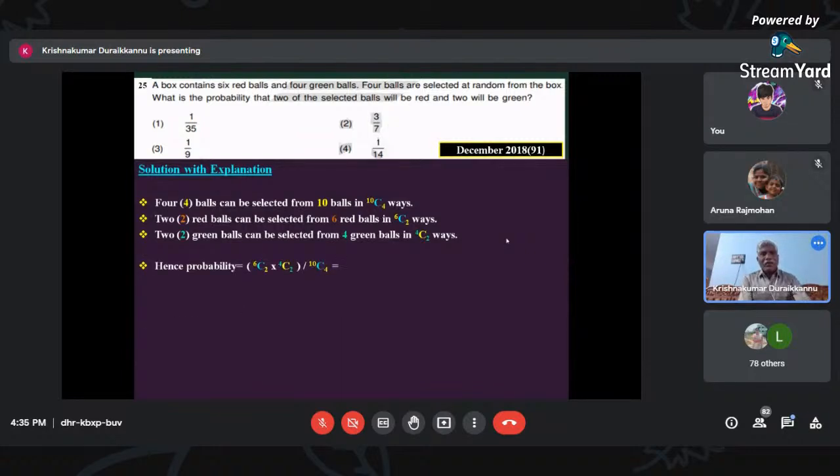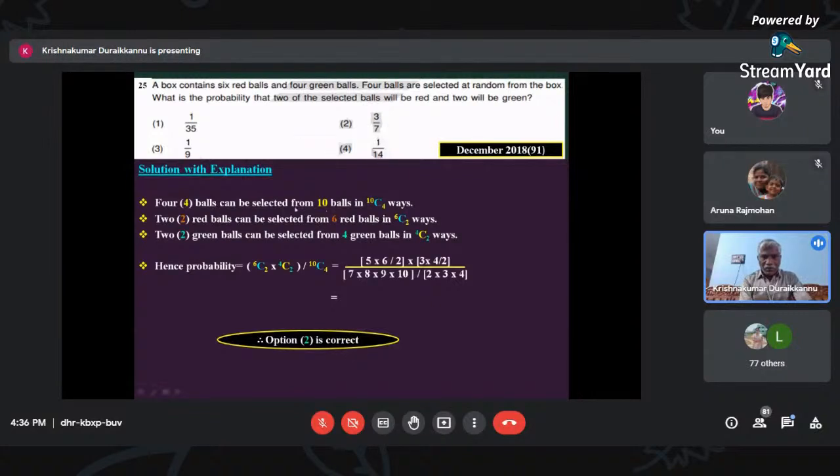So the probability is 6C2 into 4C2, that is, 2 red balls selected from 6 red balls multiplied by 2 green balls selected from 4 green balls, divided by the total: among the 10 balls we select 4 balls, where 2 balls are red and 2 are green.